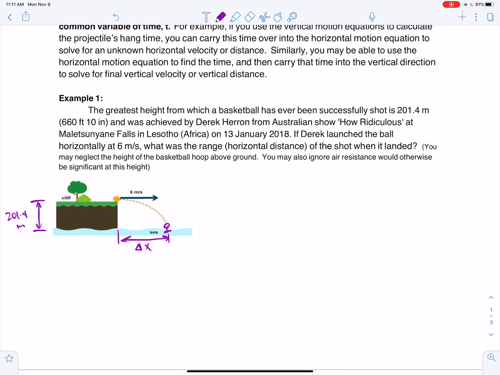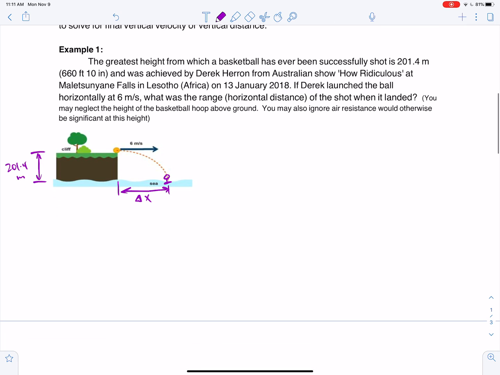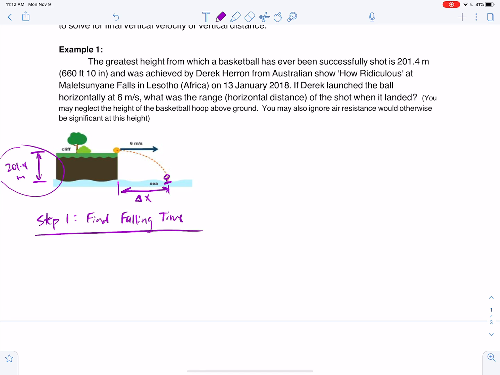So step 1: find falling time. Now, to find the falling time, it is just going to be the amount of time that it takes to fall 201.4 meters. That's it.